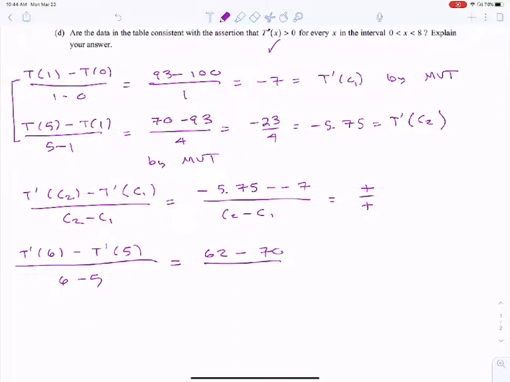And it was over 6 minus 5, which is 1, so this is negative 8. Okay, so now let's just look at this really quickly. I'm going to do the same thing I did before and repeat my line here and see what happens.